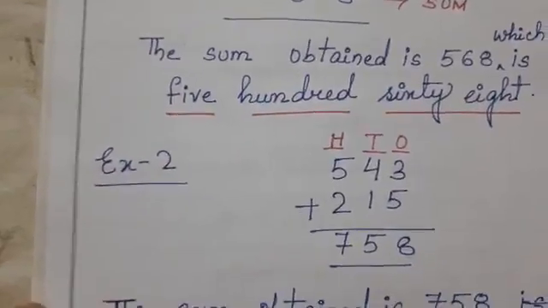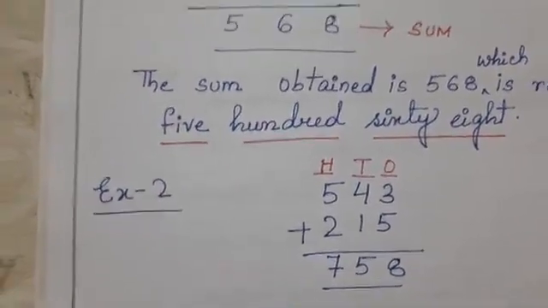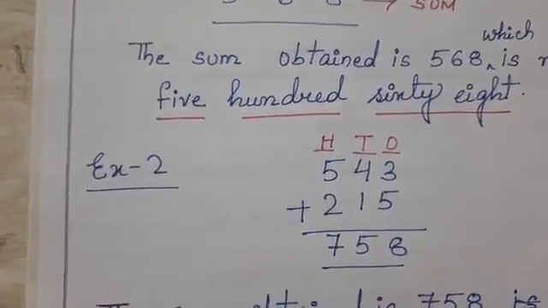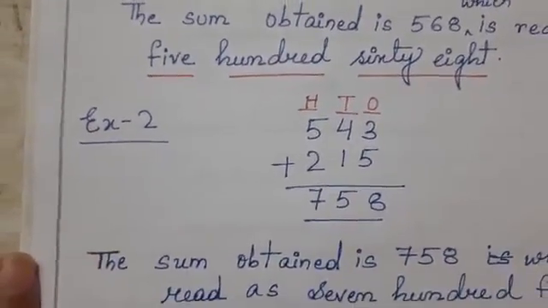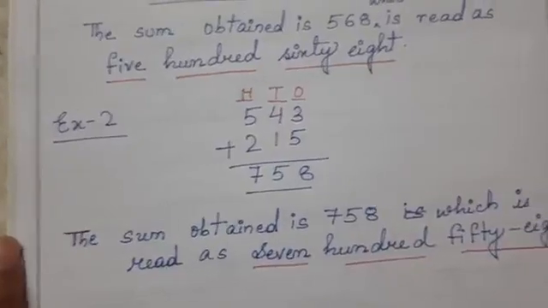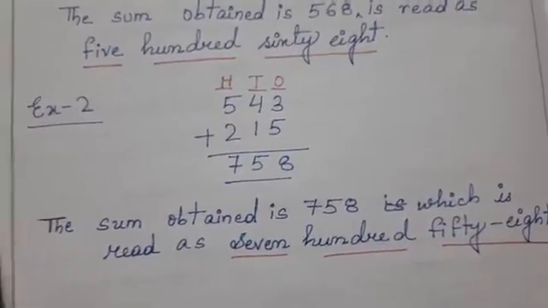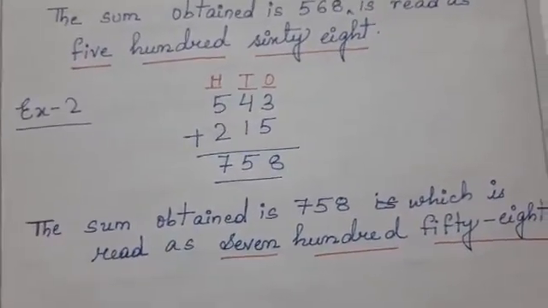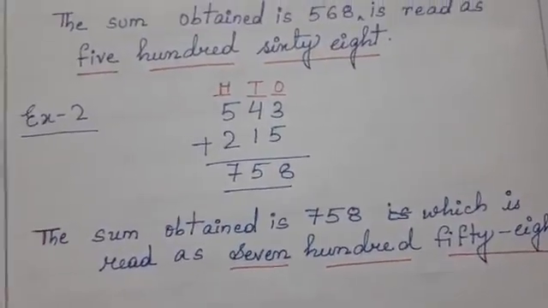In the hundreds place, 5 plus 2, we got 7. So the sum obtained is 758, which is read as seven hundred fifty-eight in number names.